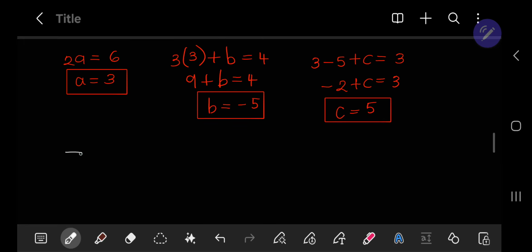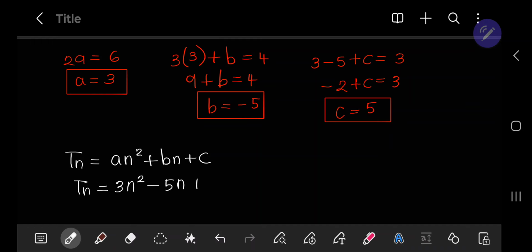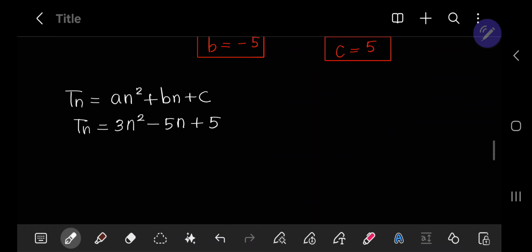Now we can write down our general term. Remember, it is in the format an squared plus bn plus c. So substituting in here, we would have 3n squared minus 5n plus 5. And now remember, the question required you to get term 50. So we're going to substitute 50 wherever we have n.